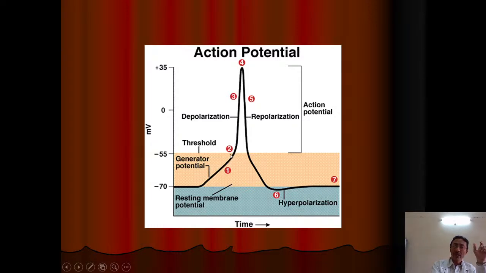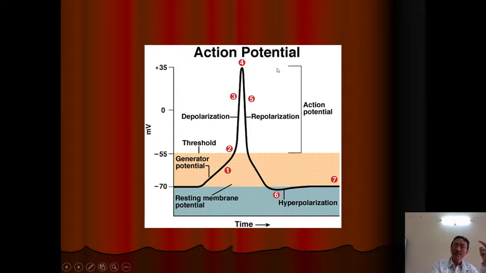So at this point of time, when it reaches the threshold potential, hundreds of sodium channels are opening up, and this causes the potential to move. The sodium ions continue to move from outside to inside, taking the potential to plus 35. At plus 35 millivolts, two things are happening. The sodium channels close and the potassium channels open.